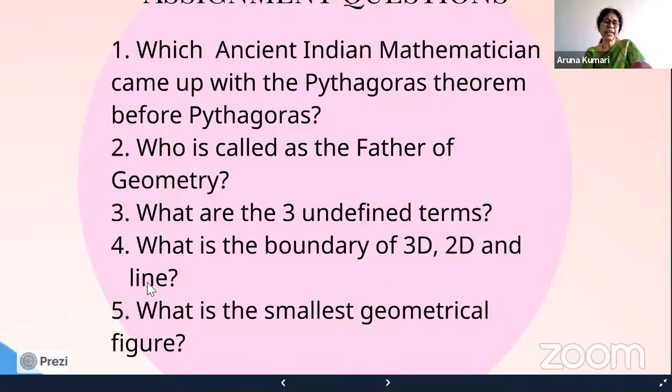Line, hence a line is a one-dimensional figure. So the boundary of a one-dimensional figure is a point, that is 0 dimension. The boundary of 3D is 2D, of 2D is one dimension, and of one dimension is 0.